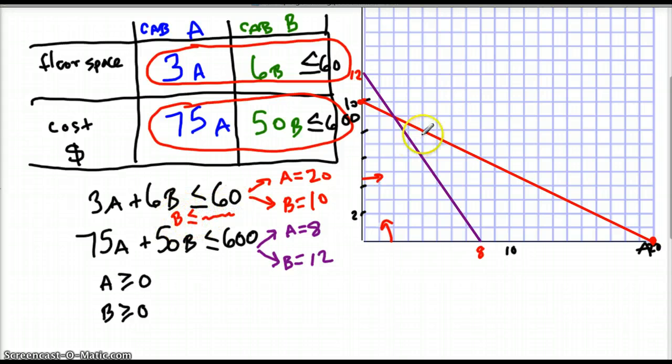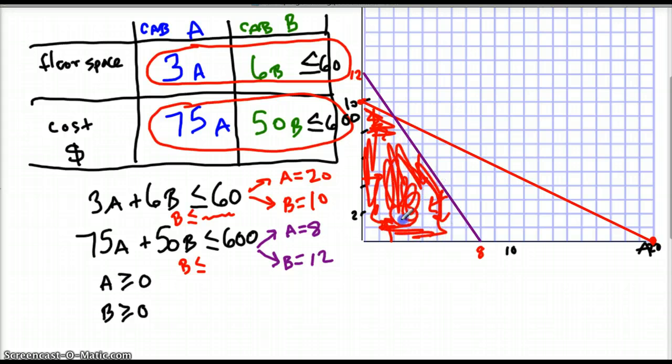That means B is less than, so you would shade down. And this one is the same. B is less than. Once we kicked all the stuff to the other side, B is down. So look at that. Our region is in here.